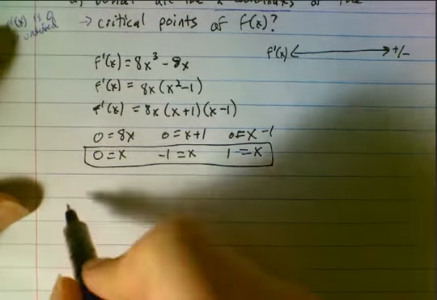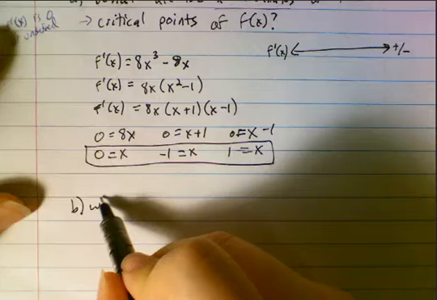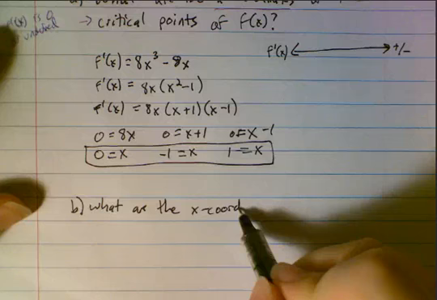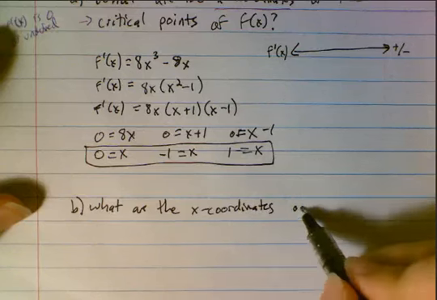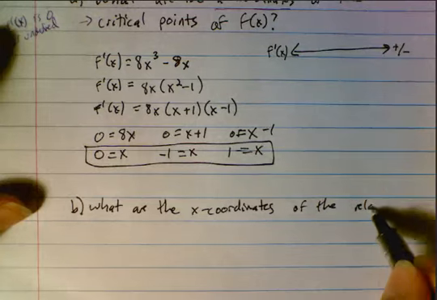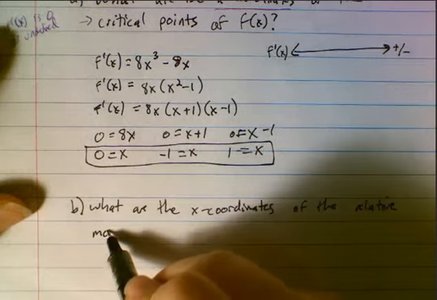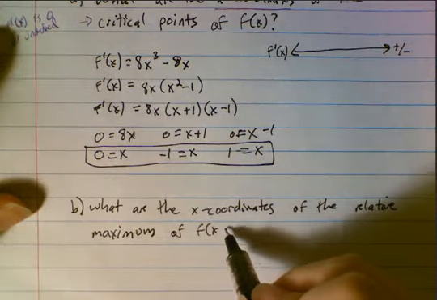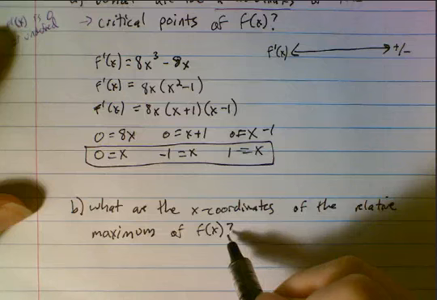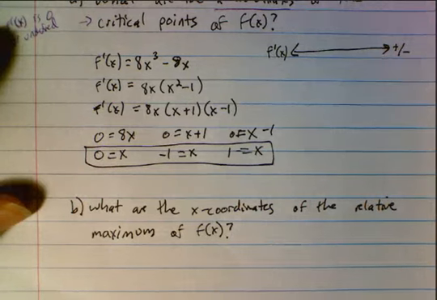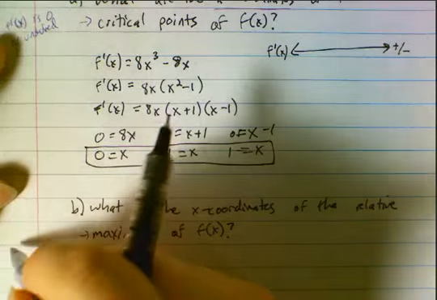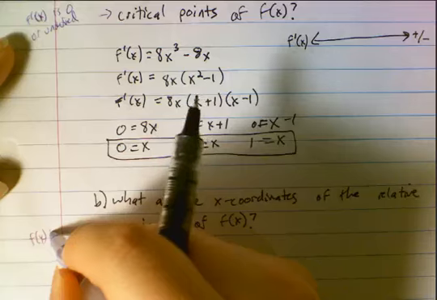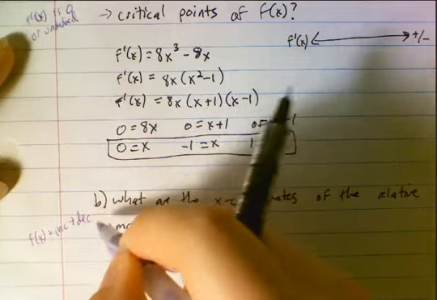Where this comes even more in handy is for this next problem, where we say what are the x coordinates of the relative maximum of f of x. Relative maximum means f of x changes from increasing to decreasing.